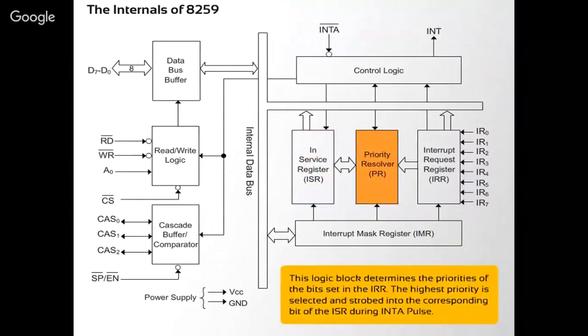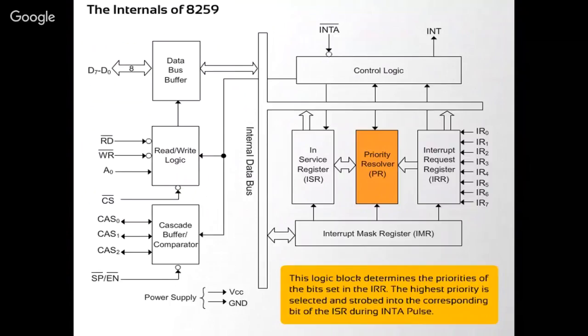Next is the priority resolver. This block determines the priority of the bits set in the IRR. The highest priority is selected and stored into the corresponding bit of the ISR during the INTA pulse, and it resolves the priorities of various IR levels as programmed by operation command word 2.